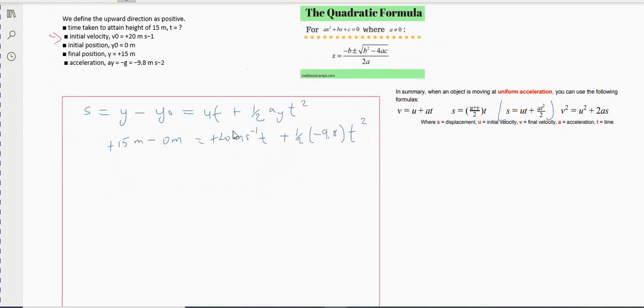So by doing that, this is what we're going to have. We're going to have positive 15 meters equal to positive 20 meters per second, all right, times t, minus 4.9 t squared.